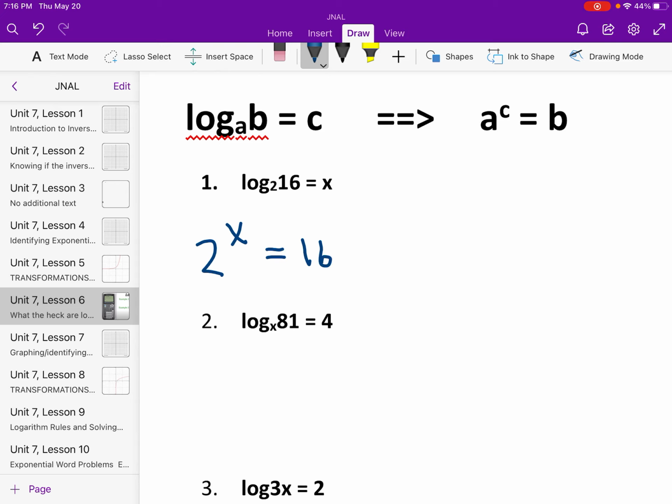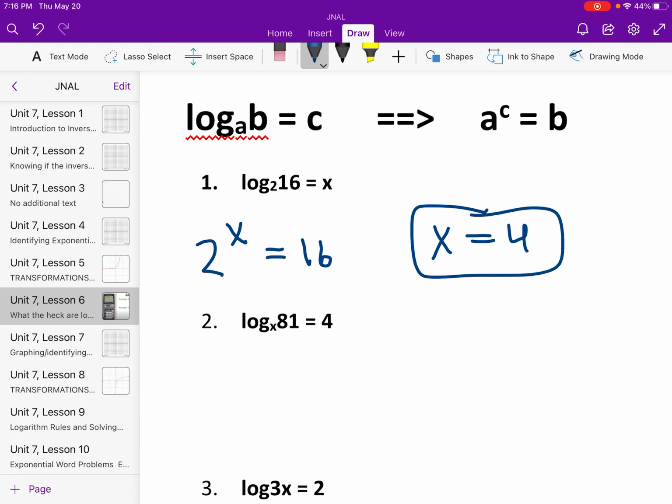Okay, so now we can see that, honestly, if you didn't know what this was, you wouldn't get very far, because in a situation like this, since x is by itself, then the thing you would do was just type this into the calculator. But if you have it set up like this, you wouldn't have to type it into the calculator because you would know that x is 4.